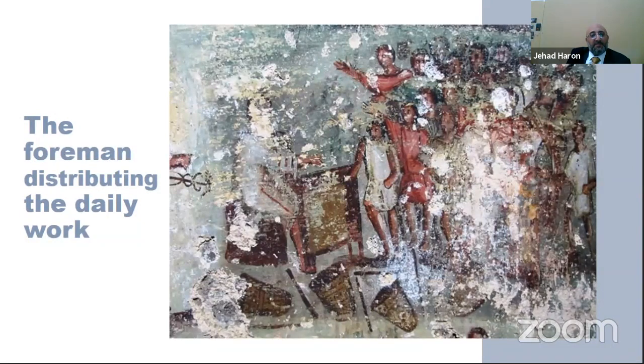But how about organizational work? Was there a director for the work, or a manager, a foreman? Yes, there was. As you can see from the scene, this man is sitting in an office. There's a table and a chair, and he's wearing his official wear.